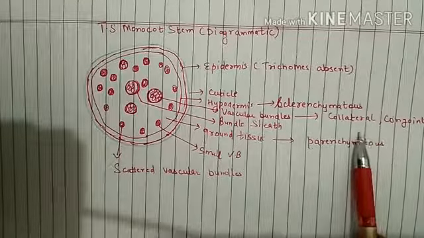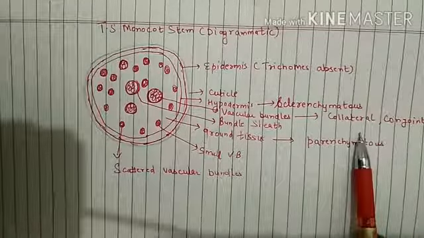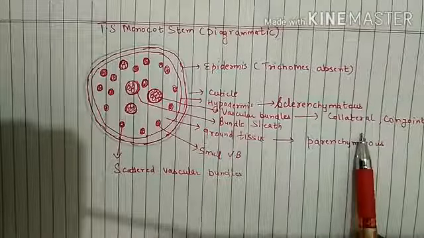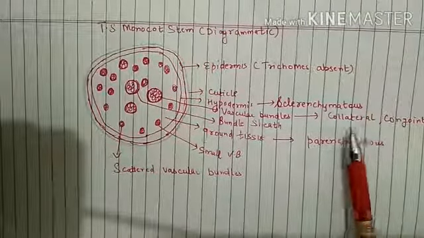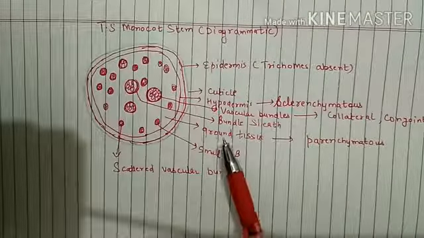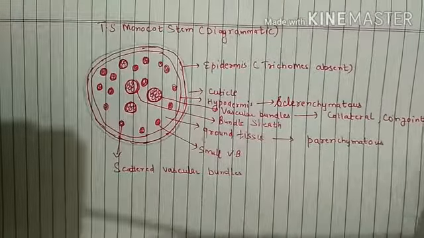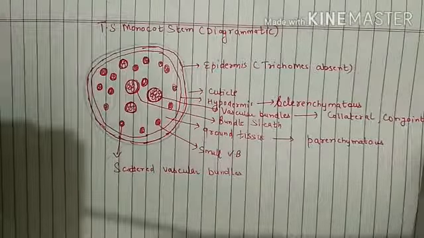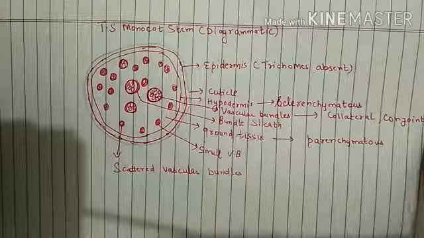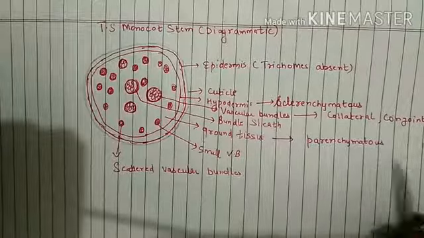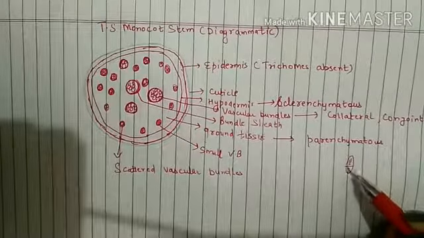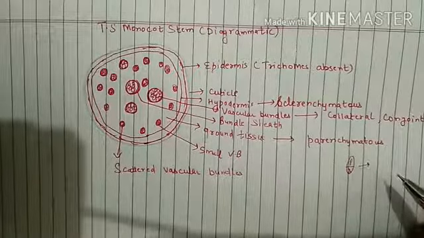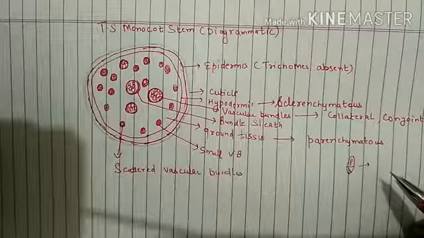In dicot stem we have observed that the vascular bundles were open, but here in the monocot stem the vascular bundles are closed. Closed means there is no cambium present between phloem and xylem. If no cambium is present between phloem and xylem, then this condition is known as closed vascular bundle.